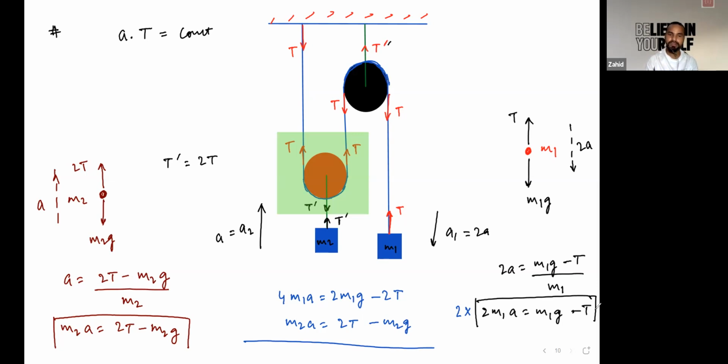Now add these two equations, you will get the value of acceleration, and on putting the value of acceleration in any of the two equations, you will get the value of T. Just write it down.